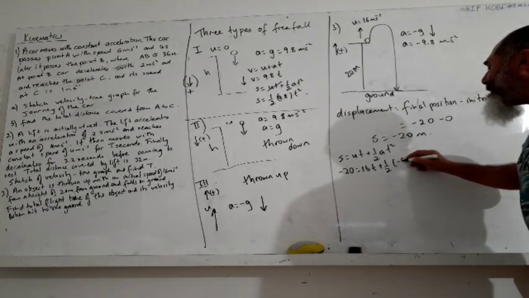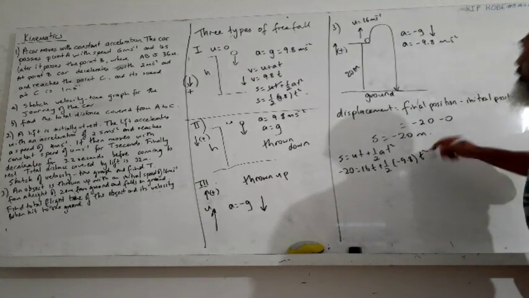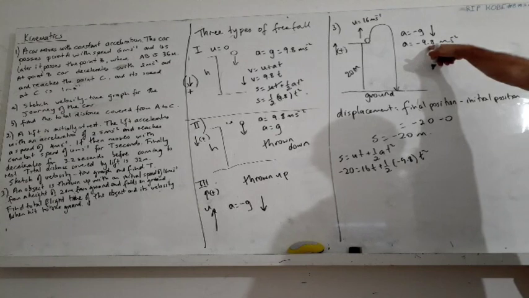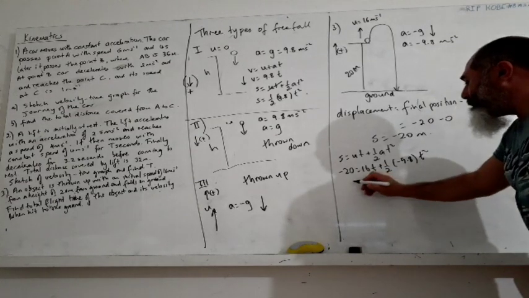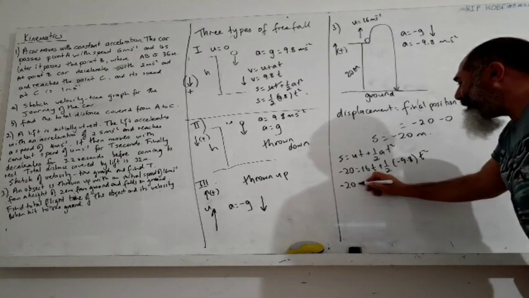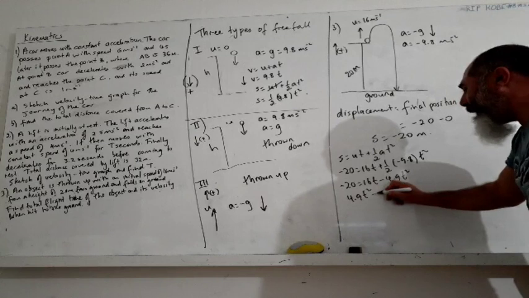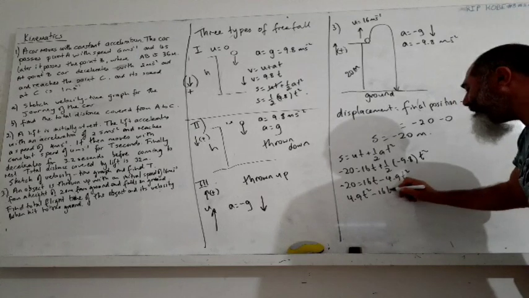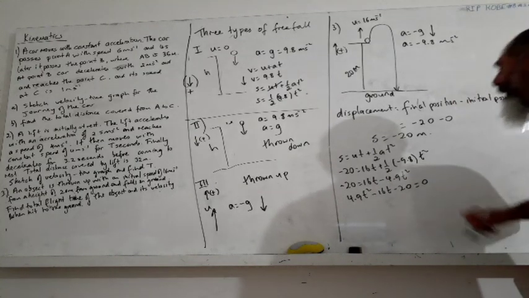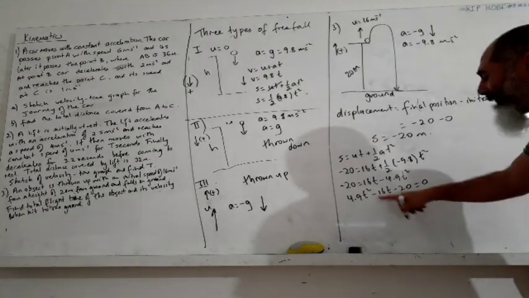Acceleration is minus 9.8, you have to remember that. So minus 20 is equal to 16t minus 4.9t squared. 4.9t squared minus 16t minus 20 is equal to 0.